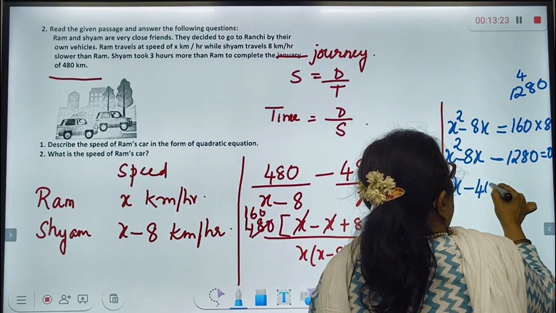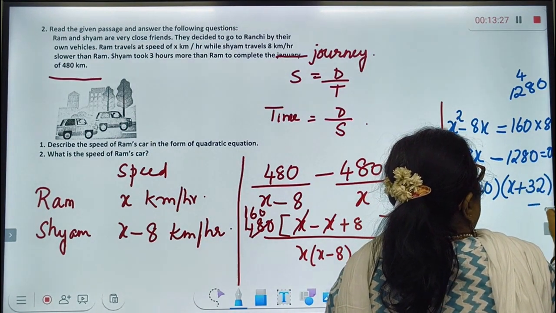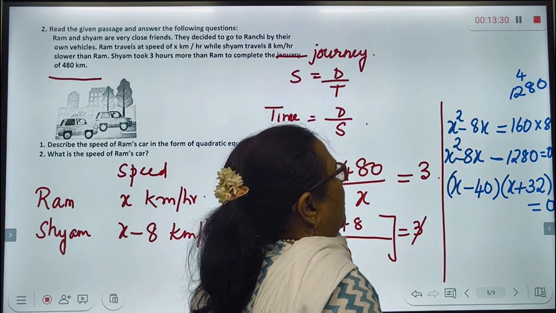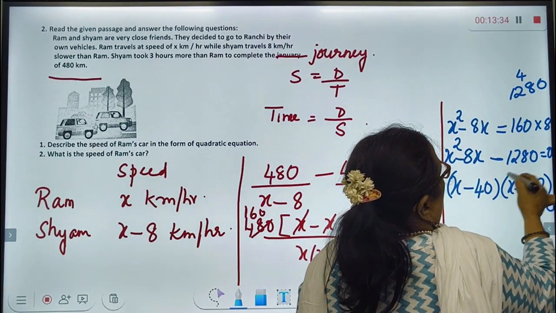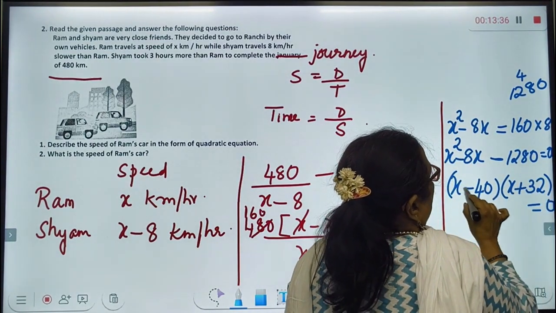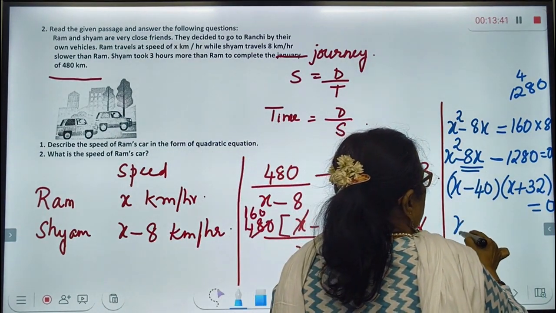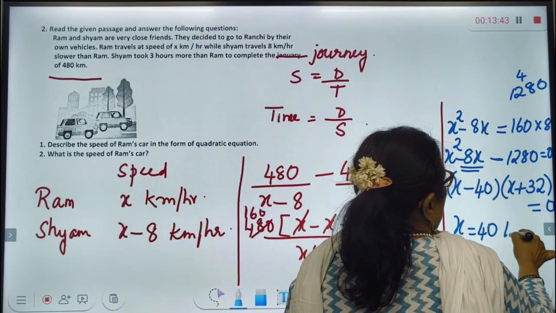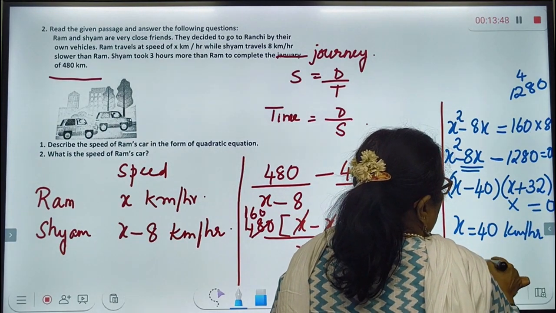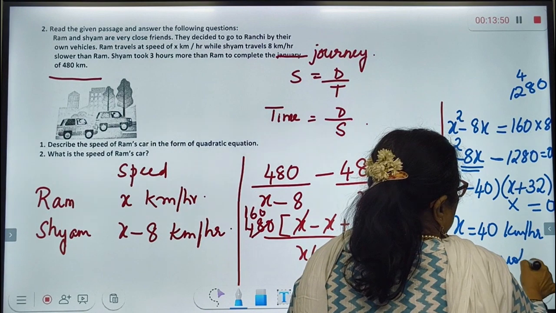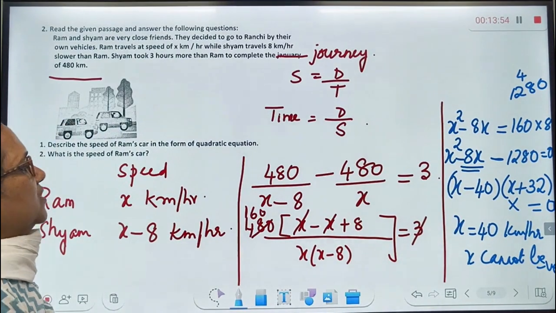I am factorizing it as x minus 40 into x plus 32. 40 into 32, you know that, is 1280, and minus 40 plus 32 will give you minus 8x, which means x is 40 km per hour. x equal to minus 32 is not possible because x cannot be negative, because x represents speed.